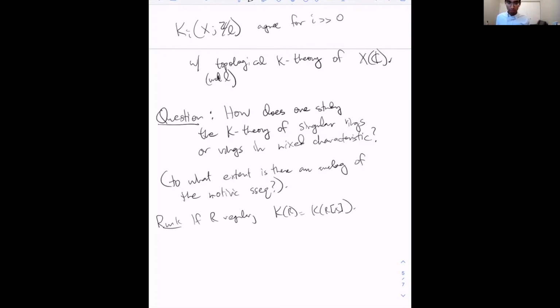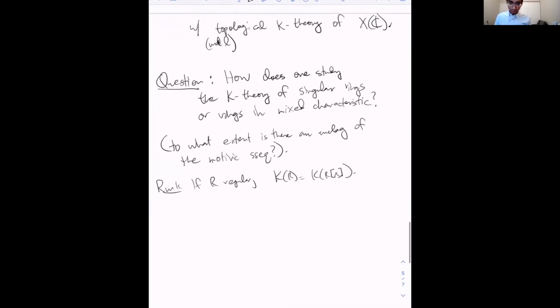A lot of the tools that I'm describing rely on A1 invariance; it's really essential in the setup, for example in the setup by Voevodsky. The whole framework is built around A1 invariance. But this is not true if R is singular.